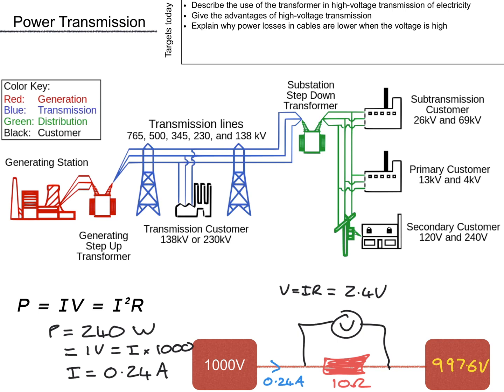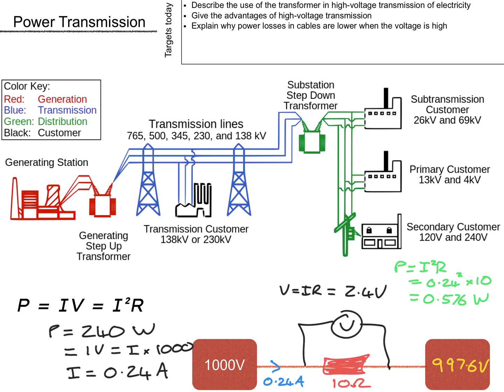So if we work out how much we are losing, we could use P equals I squared R, nice and simple. P equals I squared R equals 0.24 squared times 10 equals 0.576 watts.